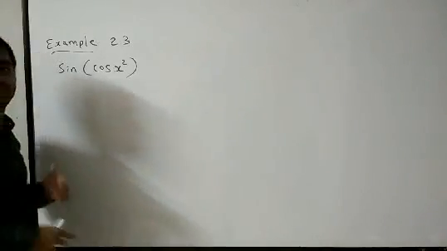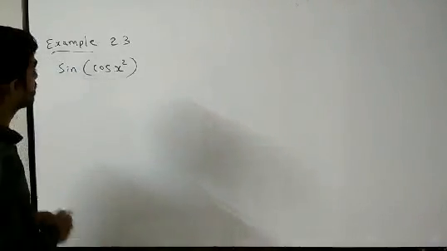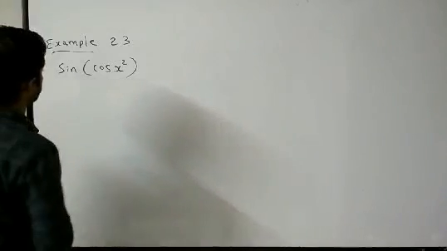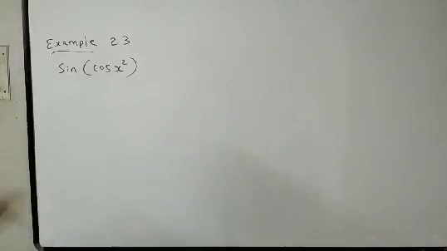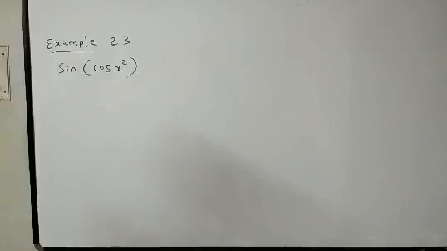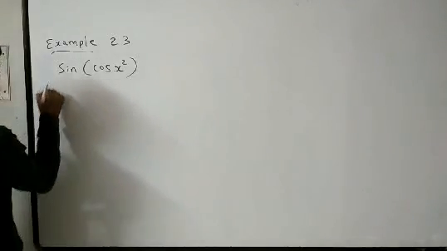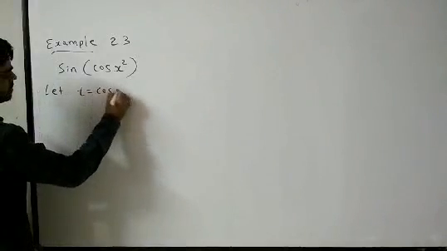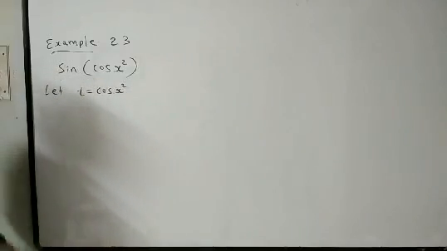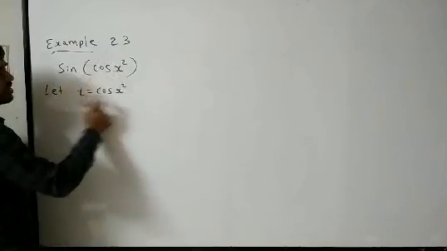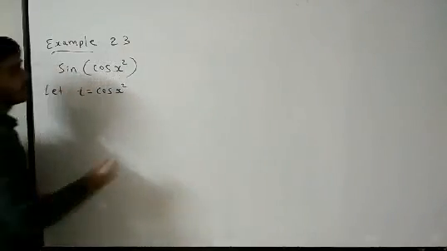So again we will be using the chain rule, but how are we supposed to use it? Sine of cos x square is given. In that, let us assume t is equal to cos x square. This cos x square we have assumed to be equal to t.